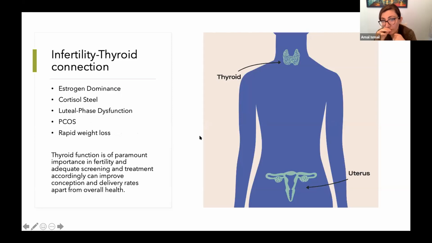Okay, let's talk about the infertility and thyroid connection. So any disruption in the sex hormones is going to have an impact on the thyroid, and vice versa. Disruption in the thyroid has an impact on fertility.